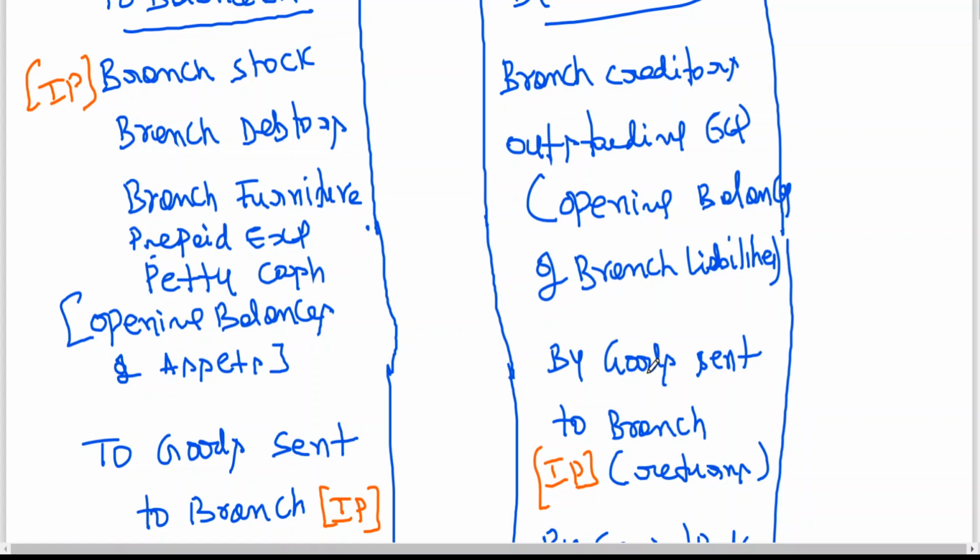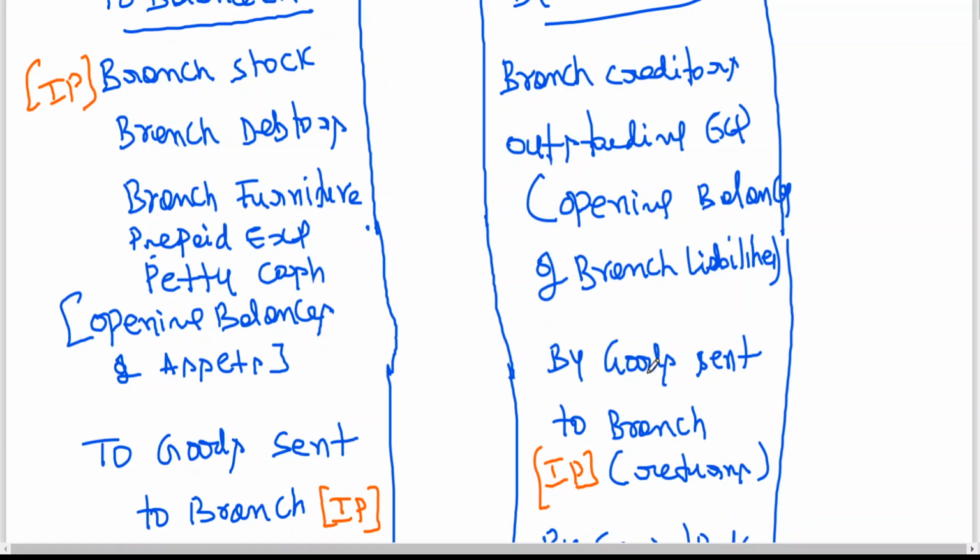A. Entry for profit: Branch account debit to general P&L account.